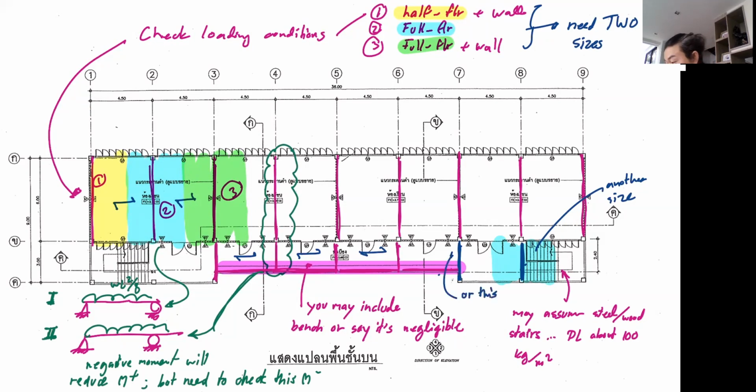Check either this or this, and then this one, it's half, and the wall and the stairs are pretty light, but it carries the wall. So I think it's just pretty much the same way.